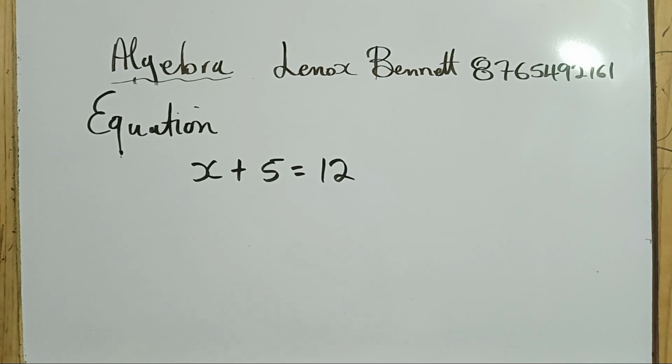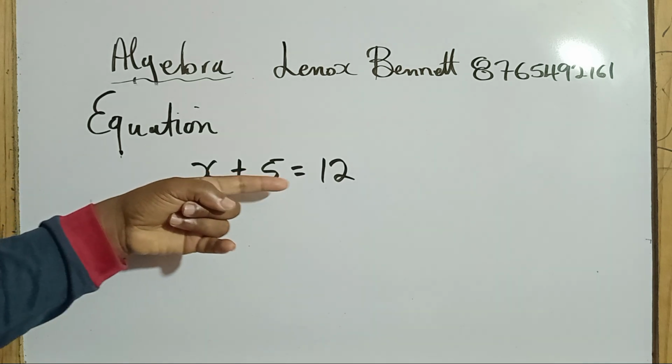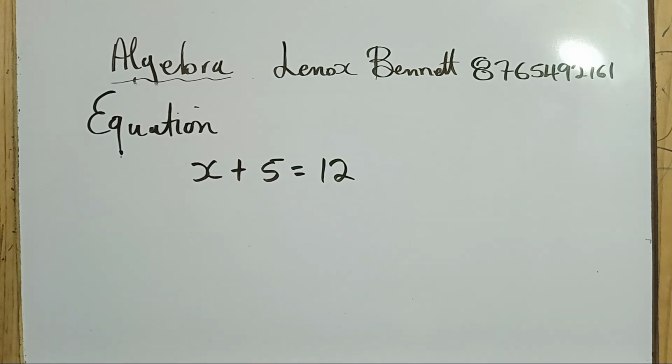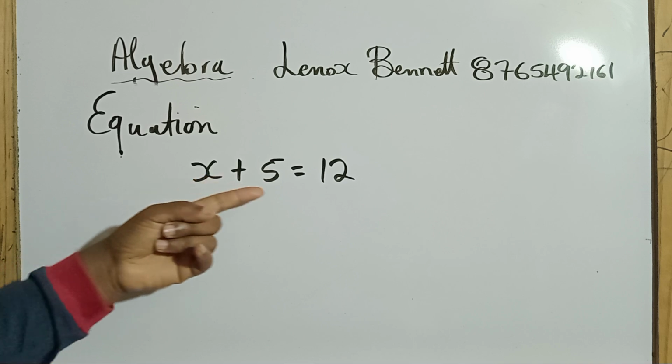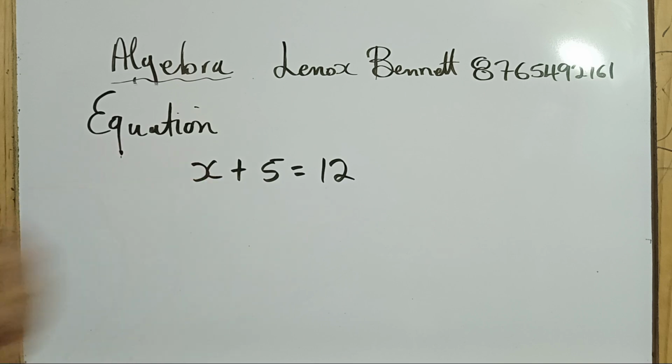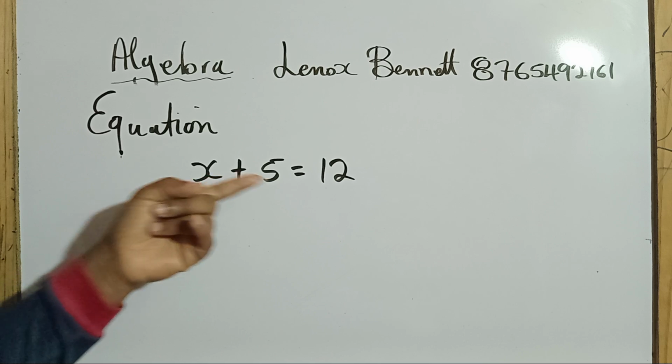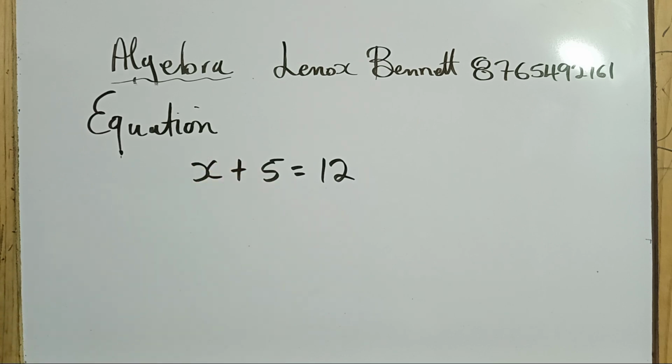So what we are saying, x plus 5 is equal to 12. So the value of x is such that when you add 5 to it, you're supposed to get 12. I'm sure you guys can think of that number. Type it in the comment section. Or if you're on the live, type it in. What would be the value of x if x plus 5 is equal to 12 and both sides must equal 12?